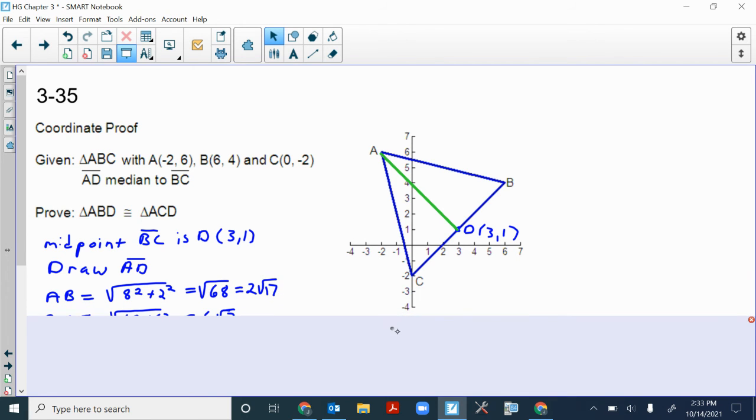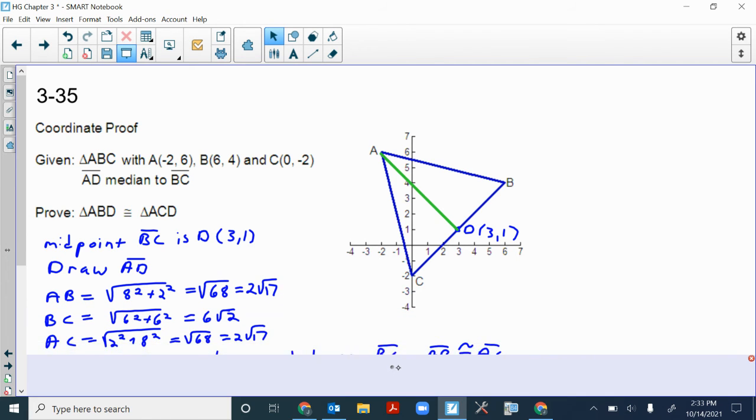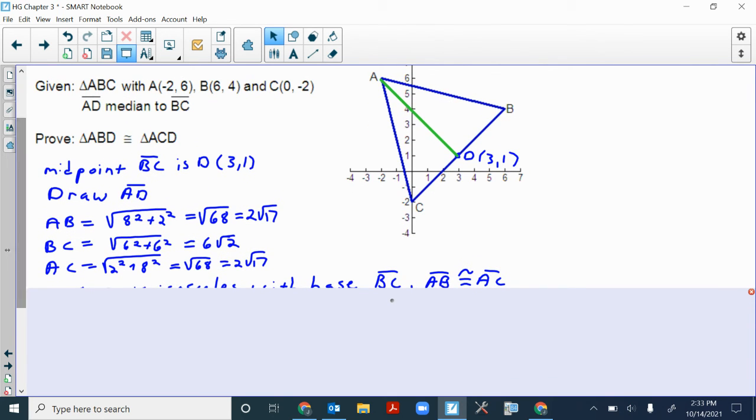And now it's just a matter of finding the lengths of each of the two triangles. So we know AB, you'll do the distance formula, and you'll end up getting 2 root 17. BC, you end up getting 6 root 2, and AC, you end up getting 2 root 17.